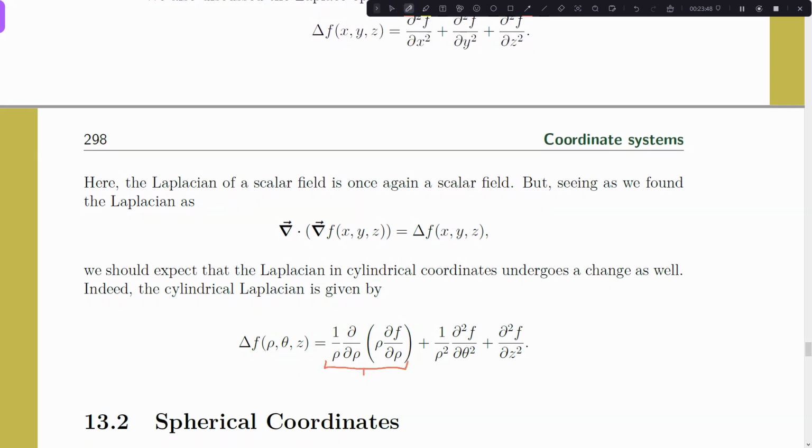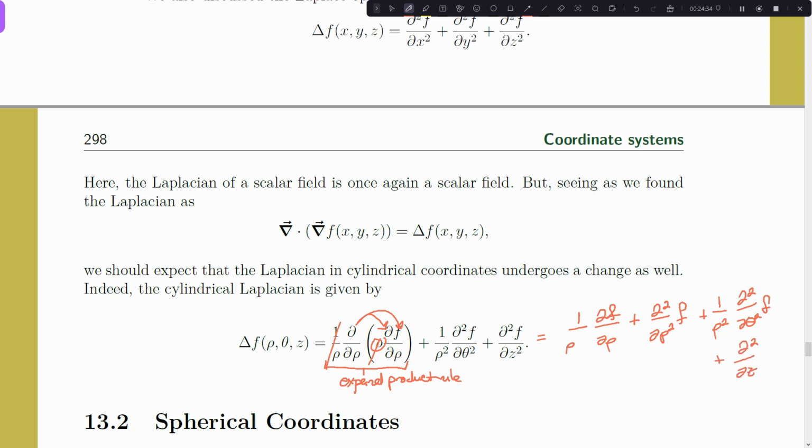Let's expand the product rule here, because this actually makes our life a little bit easier. The derivative on the first part, on rho, is just going to give me 1 over rho partial f partial rho, and then the derivative on the second part gives me partial squared, and then these cancel, so I get partial squared partial rho squared f plus 1 over rho squared partial theta squared f plus partial squared partial z squared f.